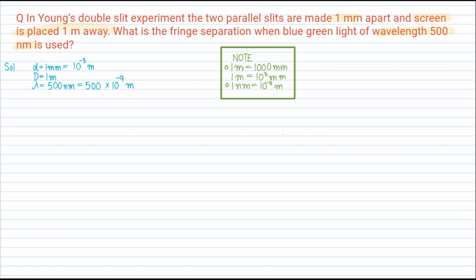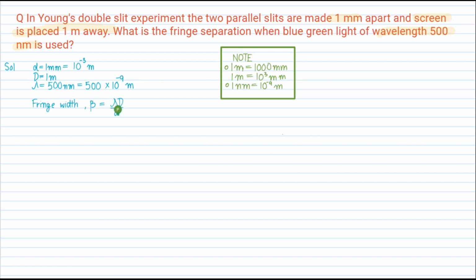Now, in this question, they have asked you to calculate the fringe separation. Fringe separation means fringe width. And in our previous class, we have derived the relation for the fringe width. Your fringe width beta equals lambda capital D divided by small d.